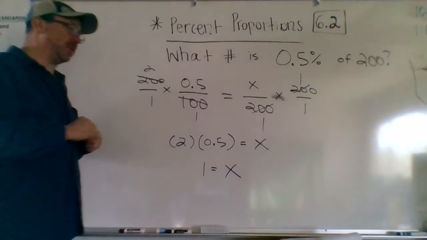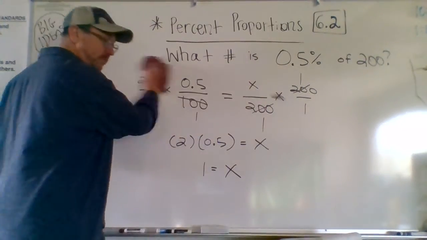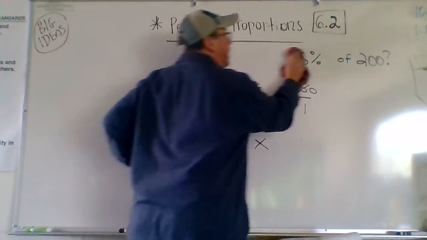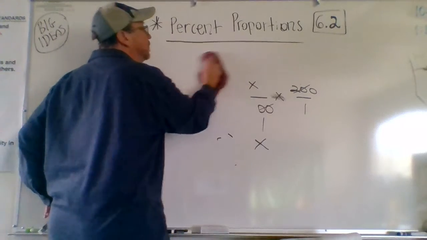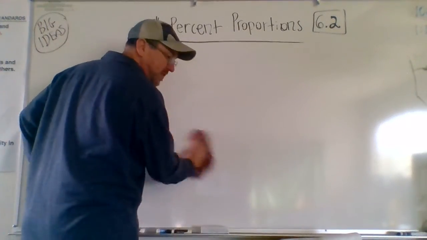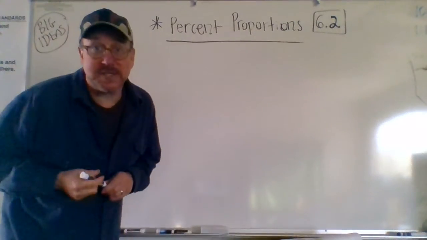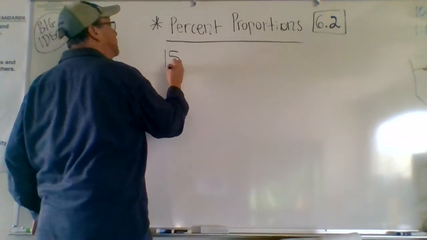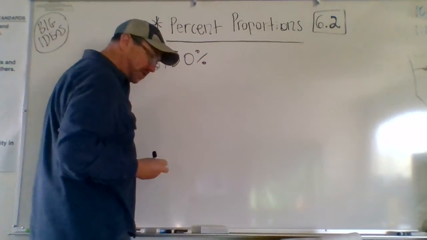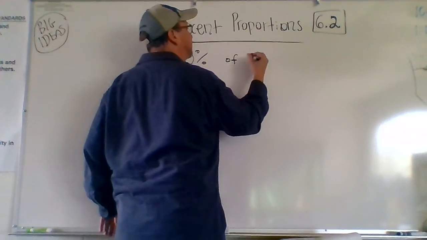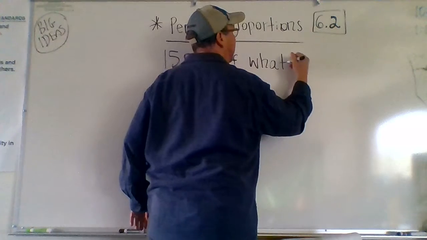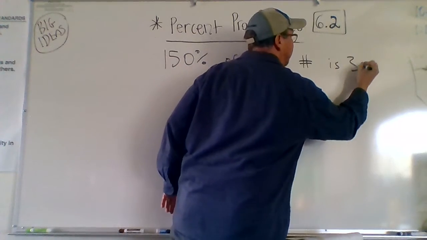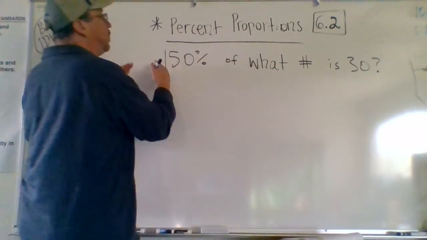Great. Let's look at our third example. And so we're going to see how else can we move these wordings around to find a missing value. In this case, it's 150% of what number is 30? So that's what we're trying to find out. We know 150%.